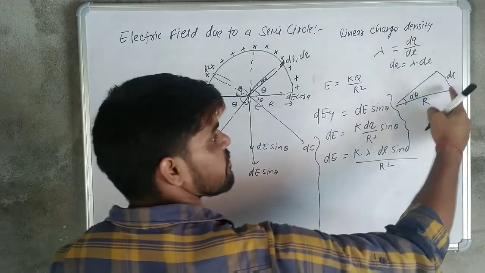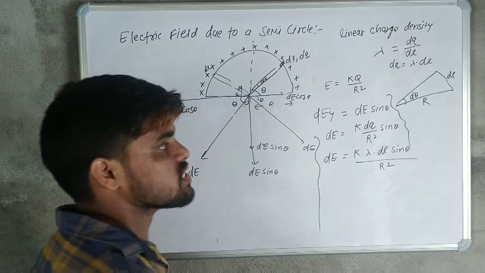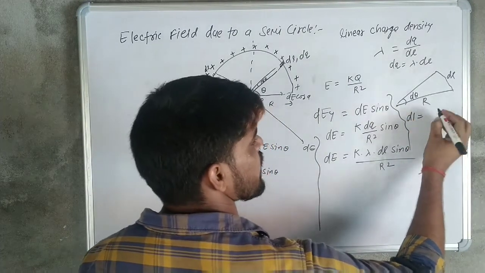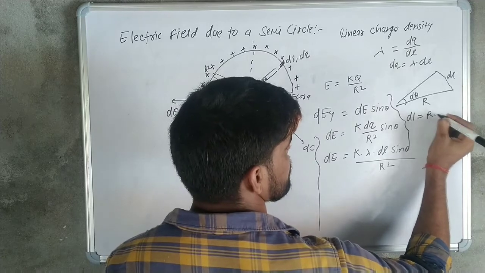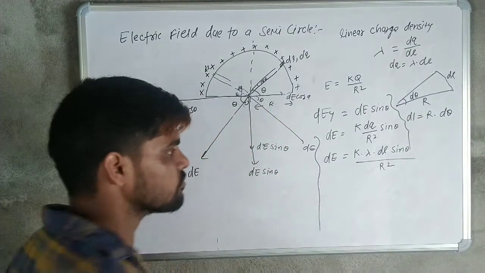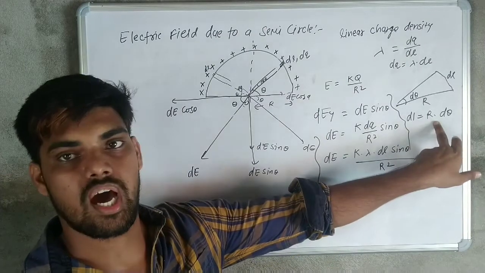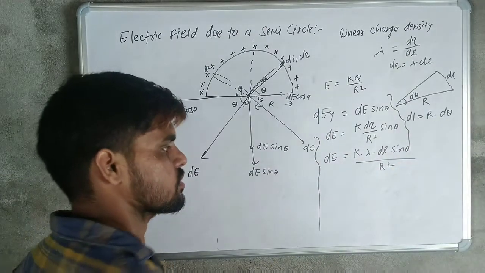We know that arc length is radius into angle, so dl is equal to r into d theta.